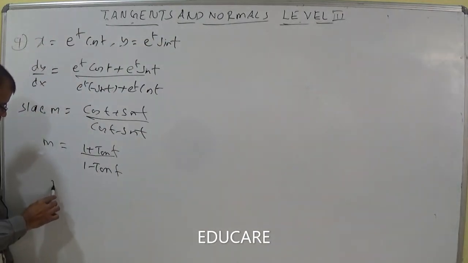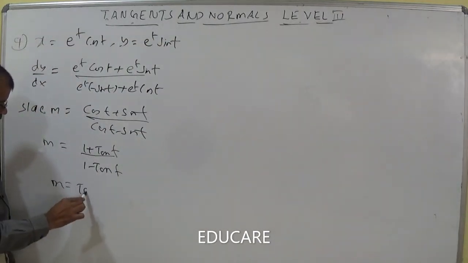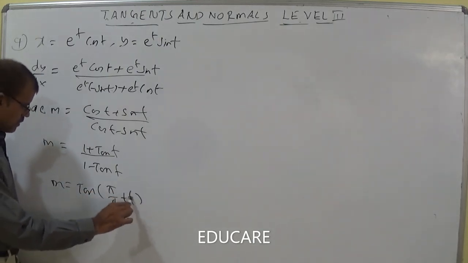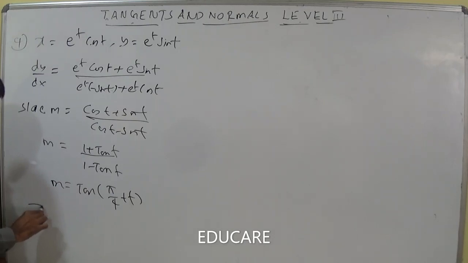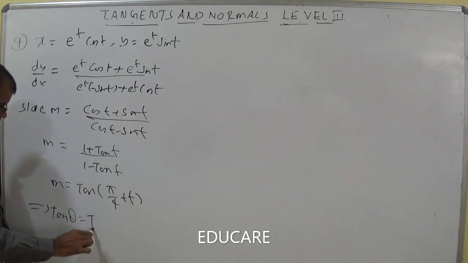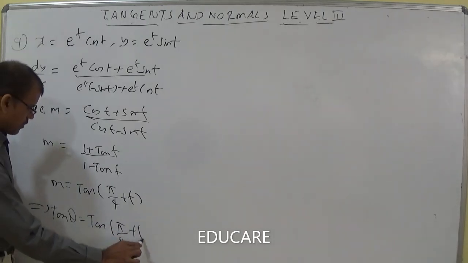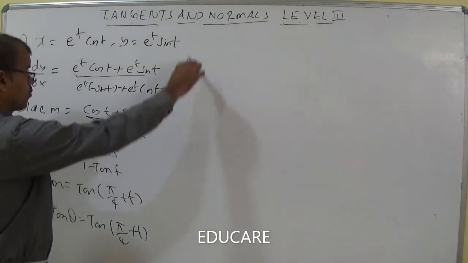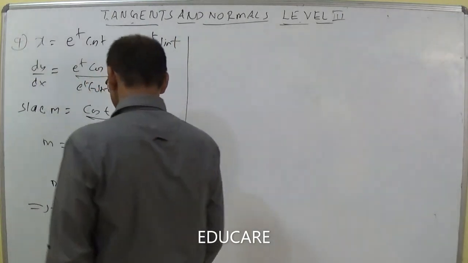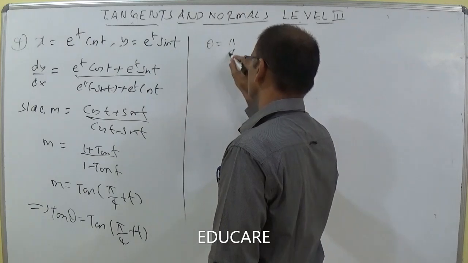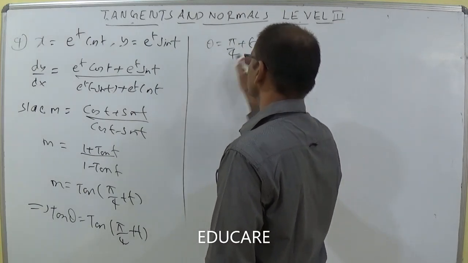Using it, you will get tan of pi by 4 plus t. Here the slope is generally indicated with tan theta. So tan theta is equal to tan of pi by 4 plus t, and theta is equal to pi by 4 plus t.